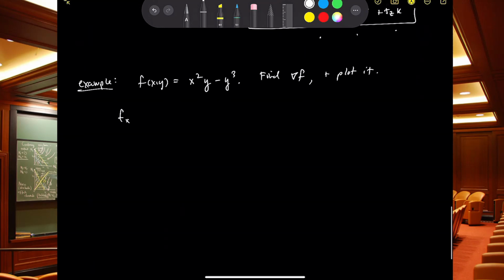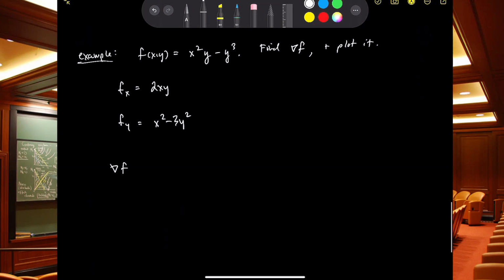Well, then what we're going to need is the partial with respect to x and the partial with respect to y. So the partial with respect to x here is 2xy. The partial with respect to y is x squared minus 3y squared. So then the gradient vector field is the vector field function that gives you this: 2xy for your i component plus x squared minus 3y squared for your j component.